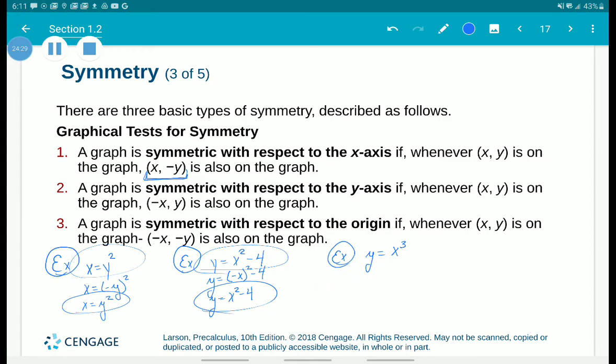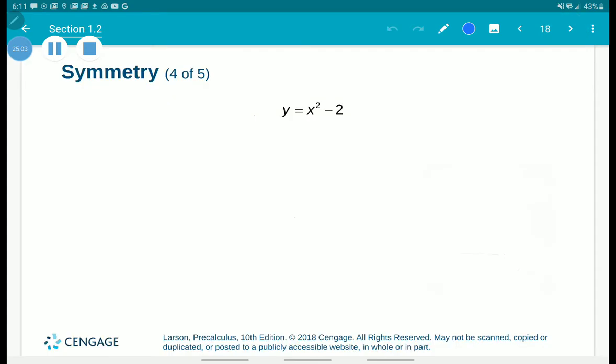So what this is saying is that if I pick a generic point on the graph, (x, y), then (-x, -y) also has to be on the graph. So if we were to substitute in negative x, negative y, then you're going to see those ordered pairs come out. Negative x to the third is negative x times negative x times negative x, which is negative x to the third. So every ordered pair would look like that.